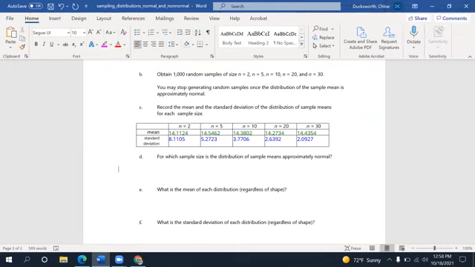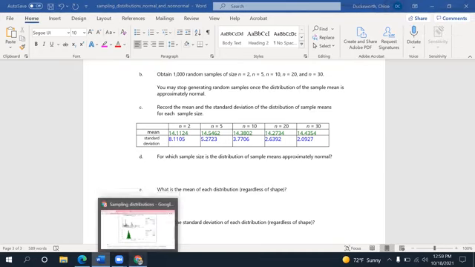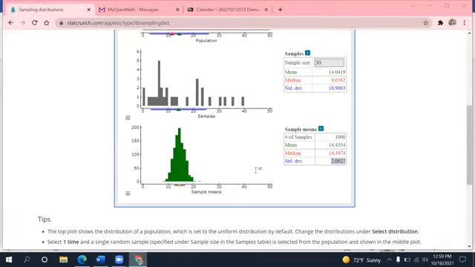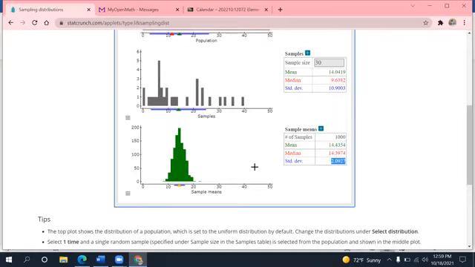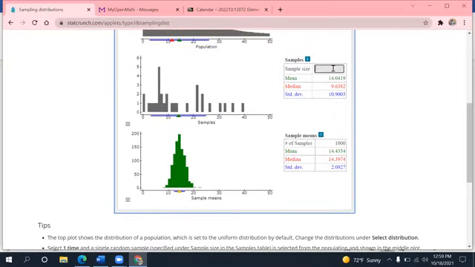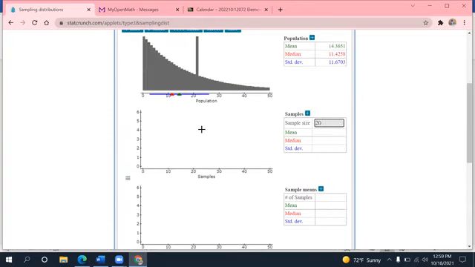So this question is asking which one had the right skew shape? Well, no, they're asking about normal. Okay. So bell shape. That one was bell shape, huh?